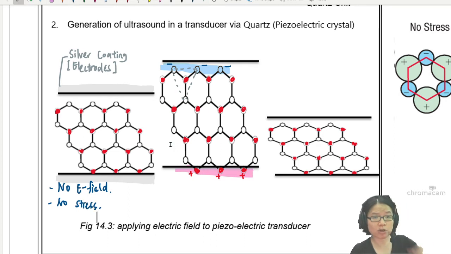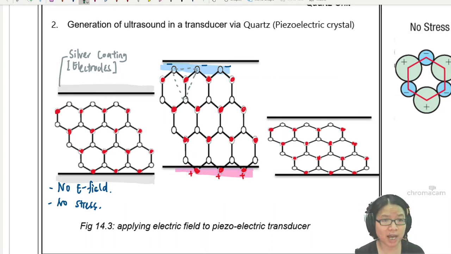Now let's say I want to stretch the quartz crystal. So if I want to stretch the quartz crystal, I have to attract, right? So I'm going to attract the top part of the crystal with a positive charge here. And then I will attract the bottom part with a negative charge here, meaning I will apply an electric field that is pointed in this direction. This is the direction of electric field.